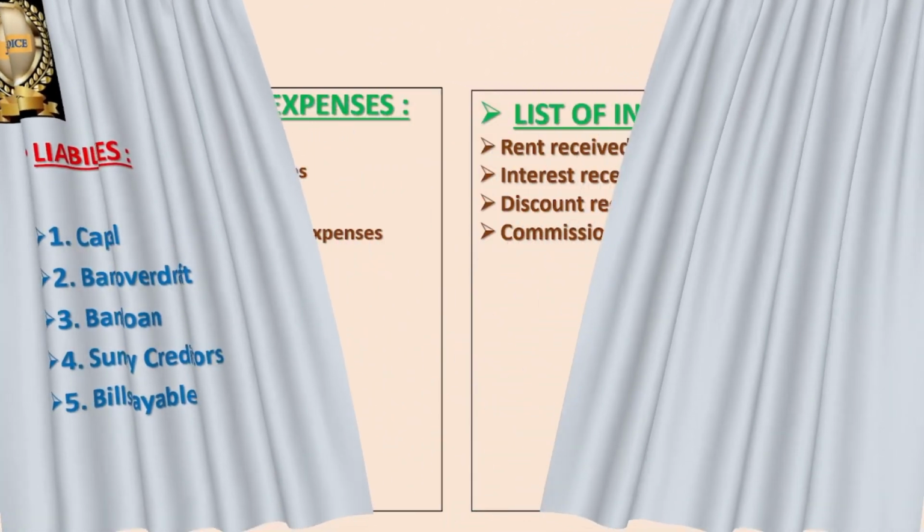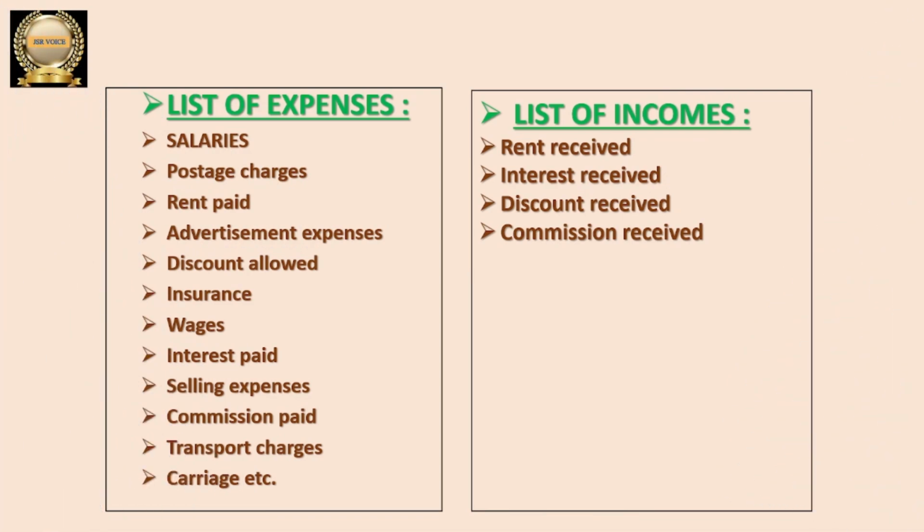And here I have given a list of expenses and a list of incomes. I mentioned a few incomes and a few expenses, and this will be useful for you in doing problems. The first one is the list of expenses.